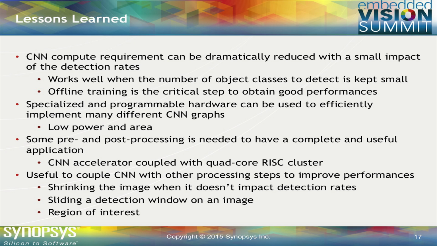And the last conclusion I would like to bring here is that as nice as convolutional neural nets are, you always need to couple them with other processing steps to have a full application. Shrinking the image, creating a pyramid to be more scale invariant.